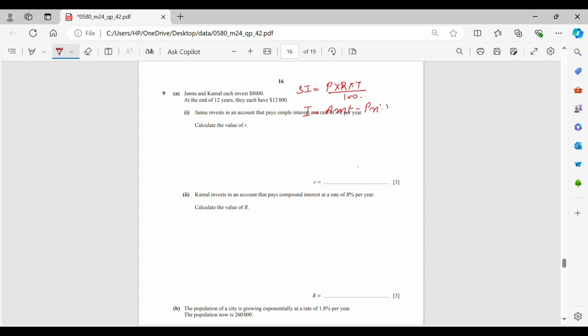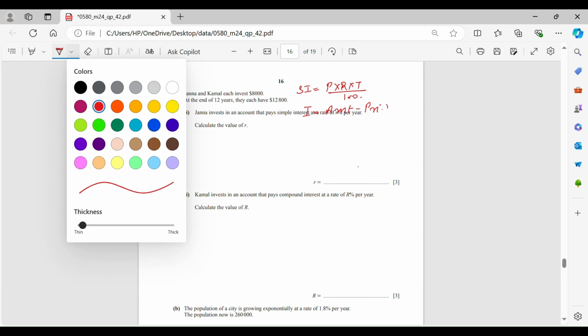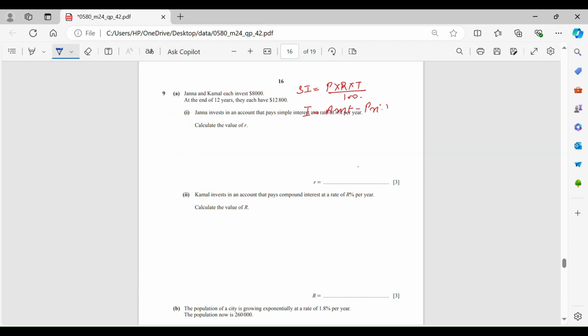So first we need to find the interest I. The amount is 12,800. So I will be equal to 12,800 minus 8,000, which will be equal to 4,800, right?